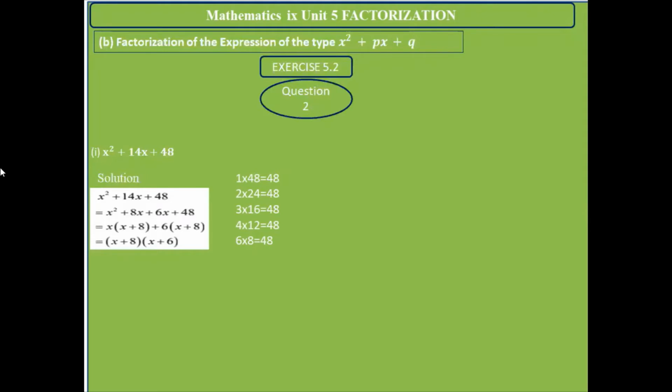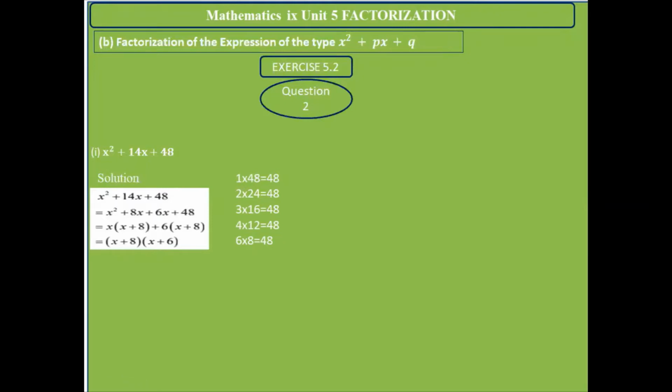When we multiply these we have 48. The coefficient of x square is 1 and 48. So we'll divide 48 by 1, 2, 3, all the factors which can divide 48. When I divide 48 by 1, that will be equal to 48.